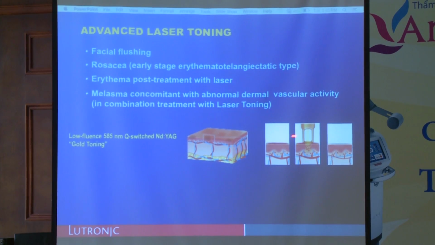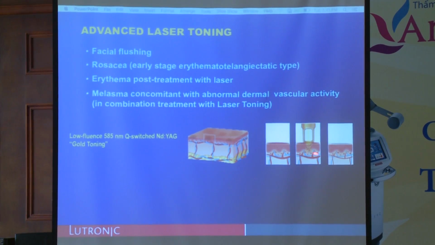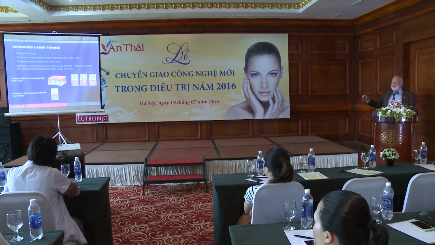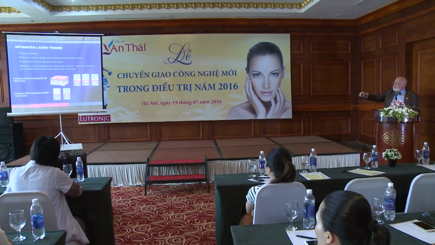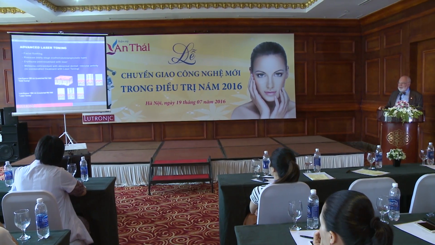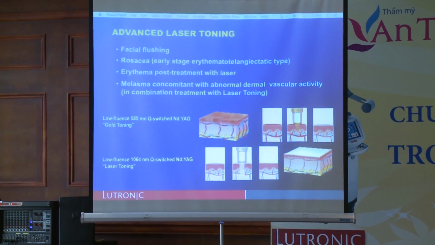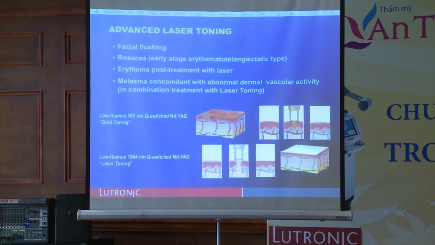Also, targeting with yellow, we are targeting the blood vessels. So in the same session, the same day, we then apply 1064 laser toning to deal with the majority of the pigment. Very nice result with normal skin and better blood vessels. Toning can also be used for other things.